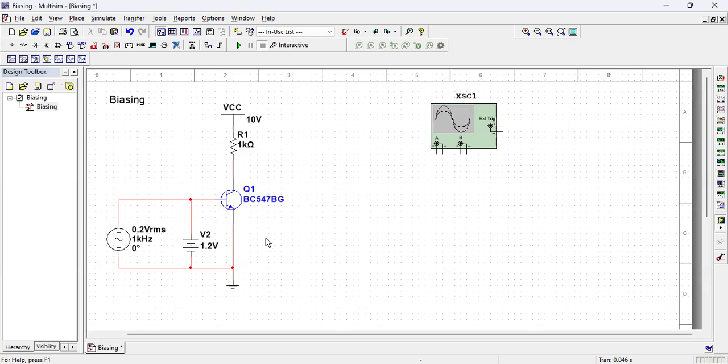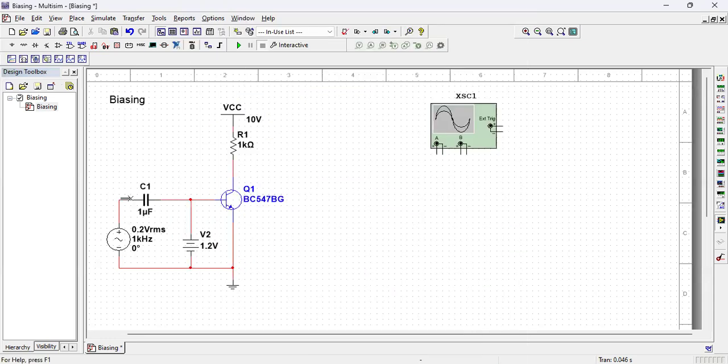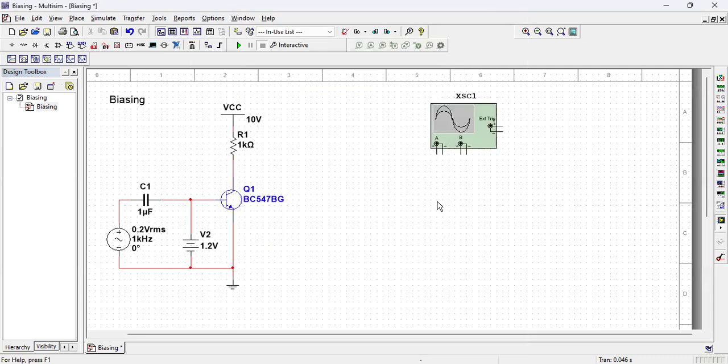So what we have to do, we have to put a capacitor here. We take a small capacitor, 1 microfarad, and connect it here. What will happen?